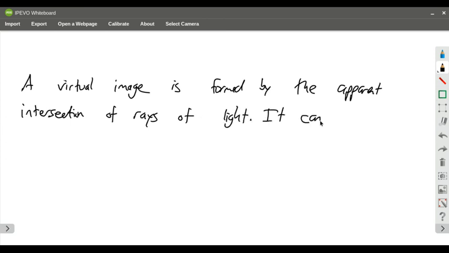It cannot be projected onto a screen. Only real images can be projected onto a screen. Okay, so it can't be projected or formed on a screen is another way to look at it.